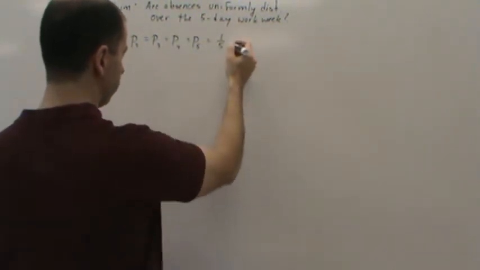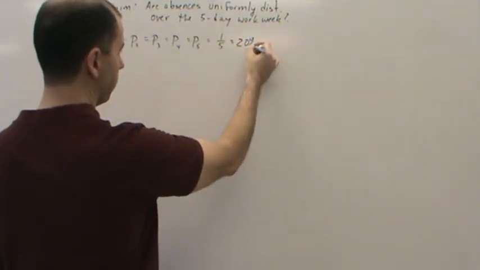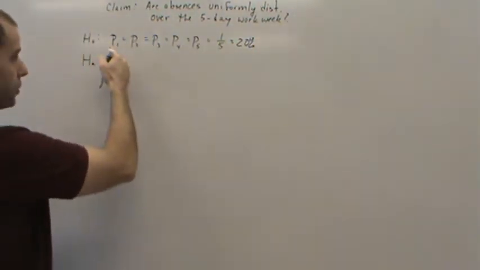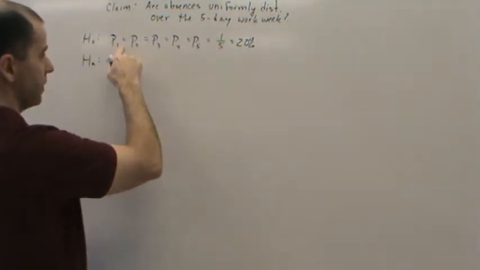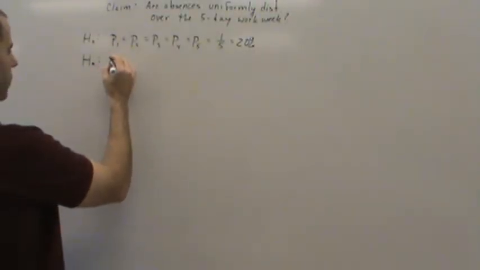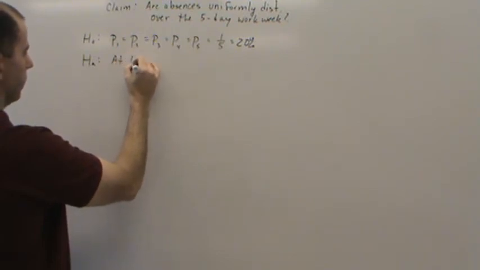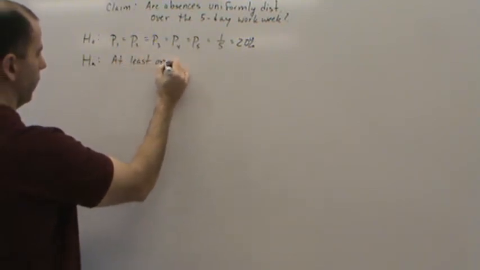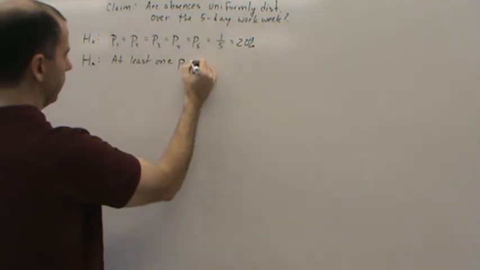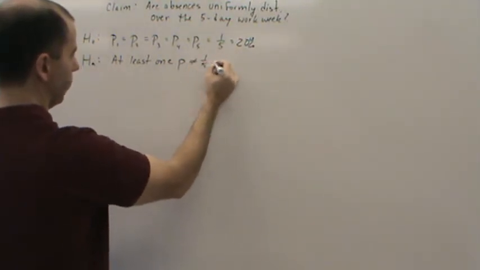You could also write 20%. We're going to use 1/5 in a minute, but basically you're saying the proportion of absences on each day of the week should be 20%, versus the alternative, which is at least one P is not 1/5.